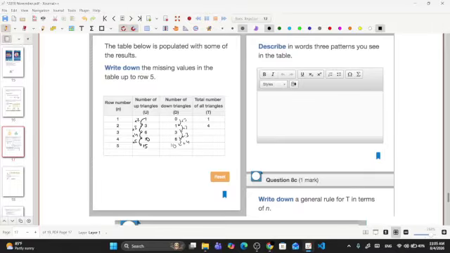The total number of triangles, they're all going to add up. 6 plus 3 is 9, 10 plus 6 is 16, and 15 plus 10 is 25. So we can clearly see an amazing pattern being followed. Does that make sense? Yeah. Okay.